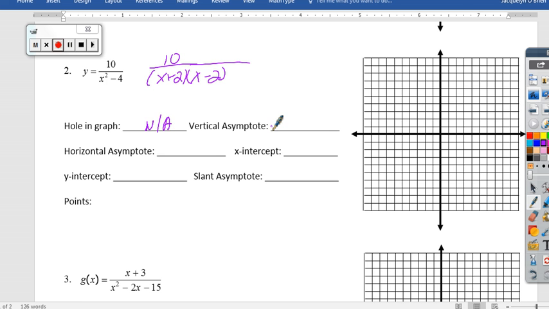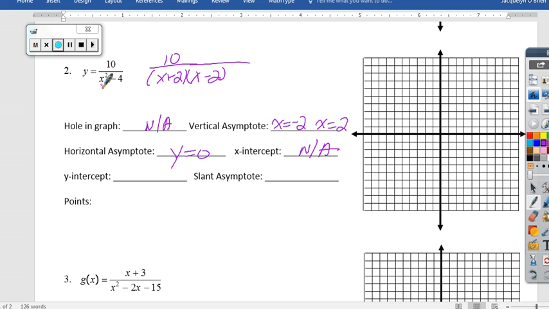Our vertical asymptotes come from whatever's going to drive that denominator to 0, so x = -2 and x = 2. We have a horizontal asymptote at y = 0, since the denominator's exponent is bigger than the numerator. Since there is a constant in the numerator, we will have no x-intercept.